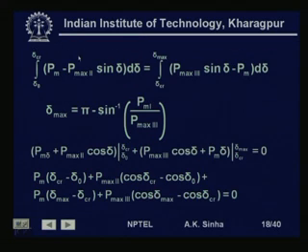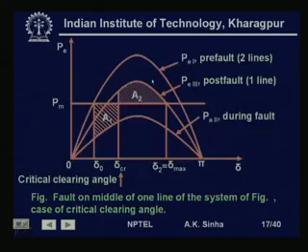So, this is the integral that we have, and this must be equal to how much? The decelerating area which is available. So, the decelerating area which is available is given by the integral from delta Cr to delta max of Pe3, that is this P max 3 sin delta minus Pm, that is, the area under this curve and this line, that is, the area below this curve and above this line.